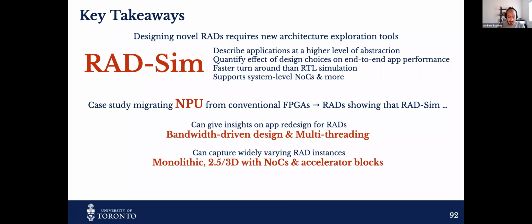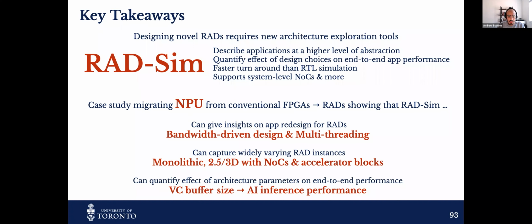And then RAD-Sim can capture a wide variety of RAD instances. You can think of monolithic RADs, 2.5D or 3D integration with different NoCs and accelerator blocks, and can also quantify the effect of those low-level architecture parameters on the end-to-end performance. And the example that I showed is virtual channel buffer size and how it affects AI inference performance.